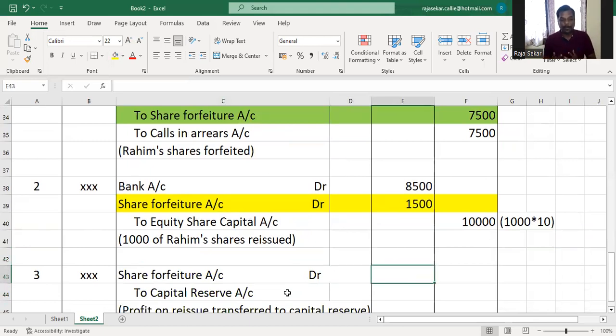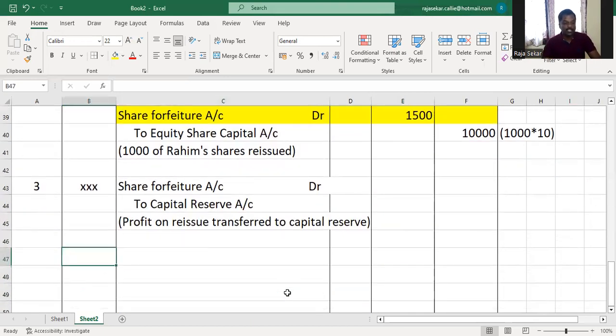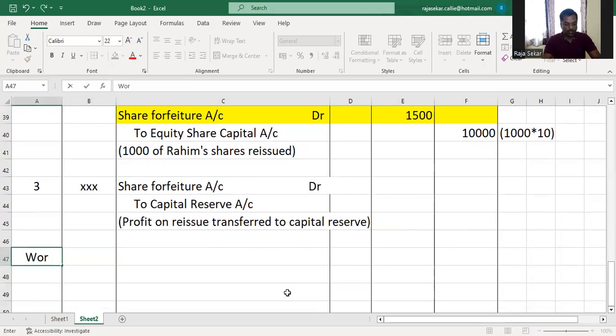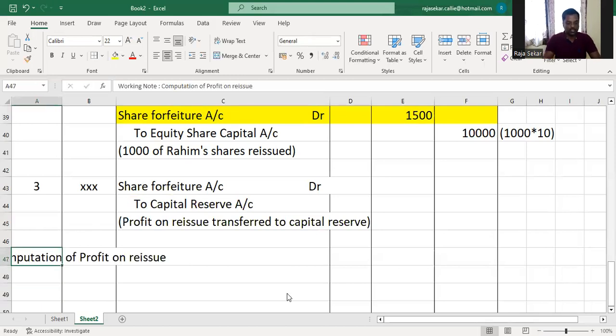But if it is a case of partial reissue like this, like we have forfeited 1,500 shares of Rahim, but we are only reissuing 1,000 shares of Rahim. So it's a case of partial reissue. Whenever there is a case of partial reissue, it's important that we do a working note. Working note, computation of profit on reissue. It's important that we do this working note.